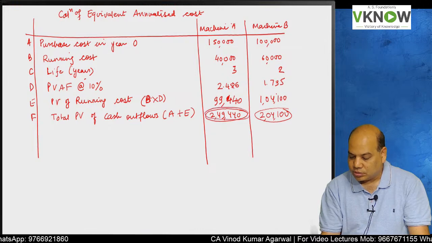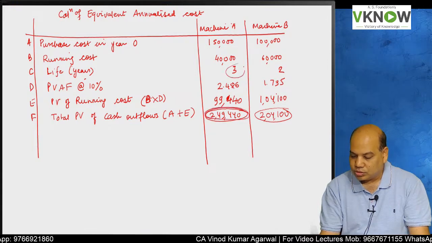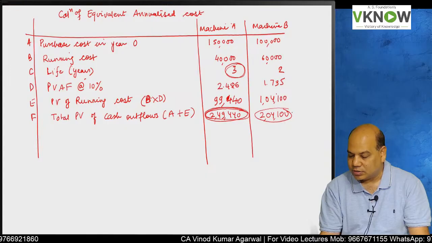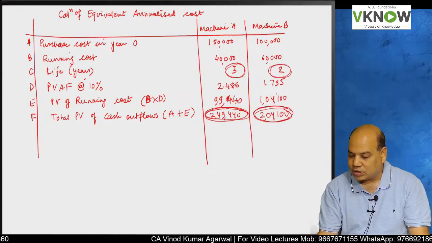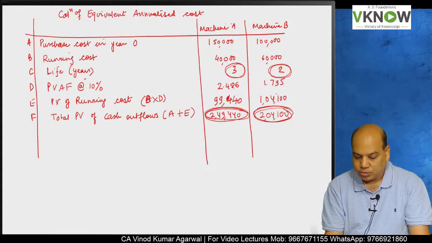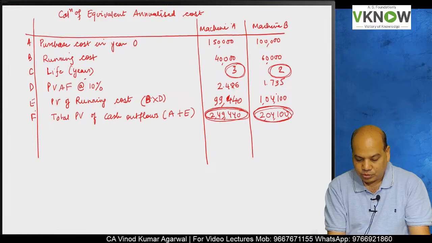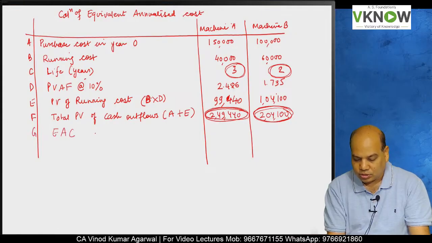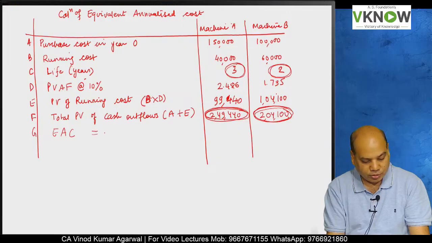With this amount, you get to use asset A for 3 years. With this amount, you will be able to use the asset B for 2 years. So in order to make them comparable, I will compute equivalent annualized cost. And how do I compute it?